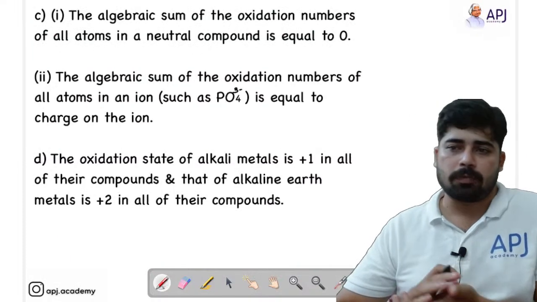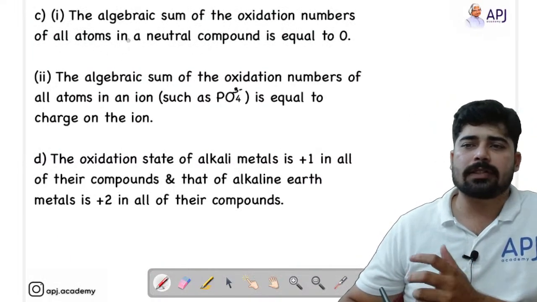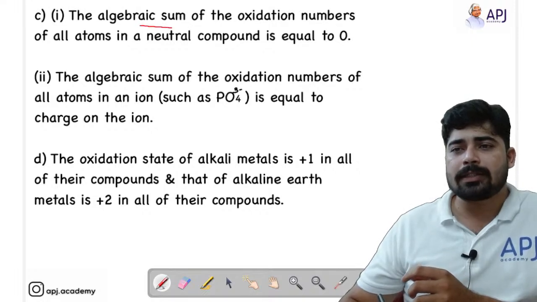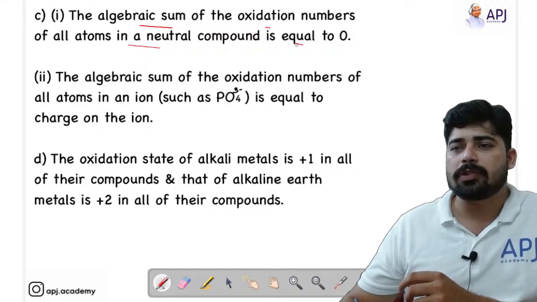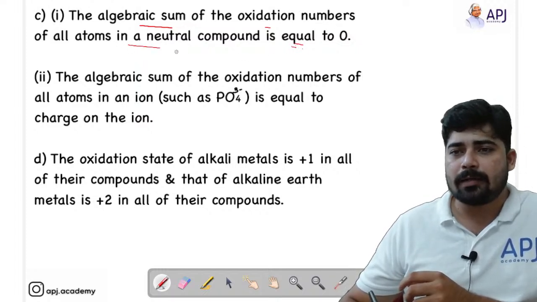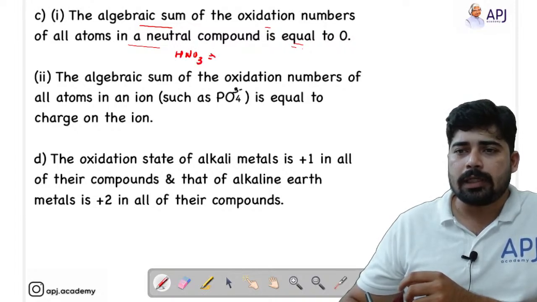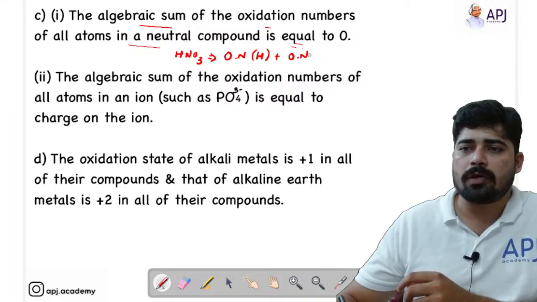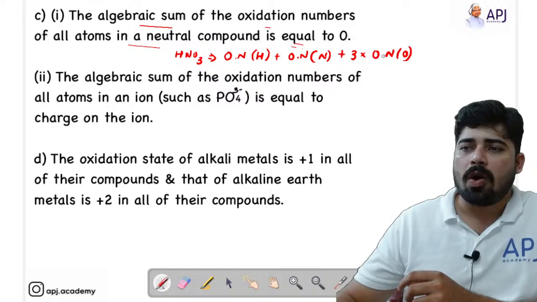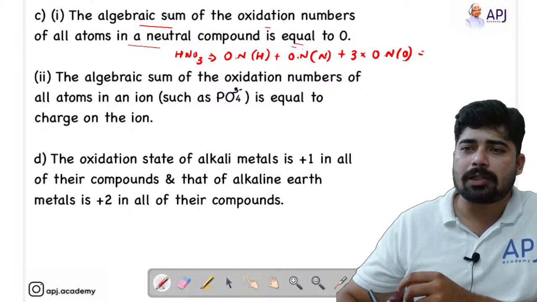Now let's move on to the third point. This point we have also discussed in the previous slide: the algebraic sum of the oxidation numbers of all atoms in a neutral compound is equal to 0. What does that mean? If I take a compound like HNO3, the oxidation number of hydrogen plus the oxidation number of nitrogen plus 3 times the oxidation number of oxygen will be equal to the charge on the molecule.